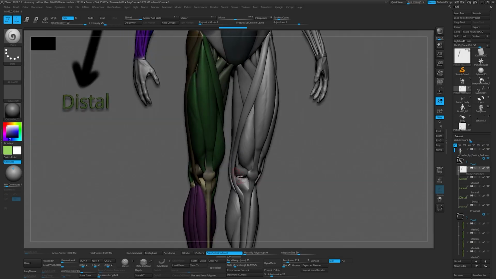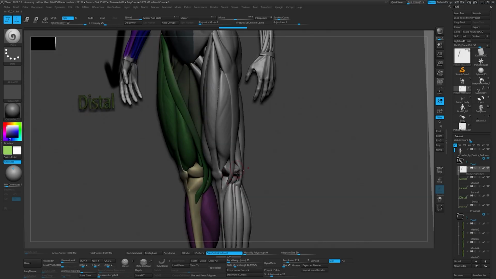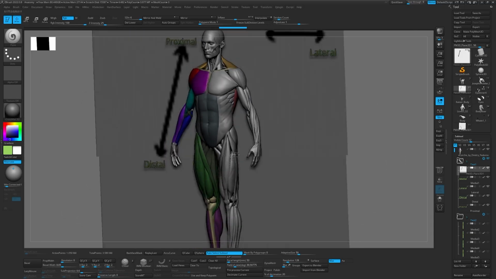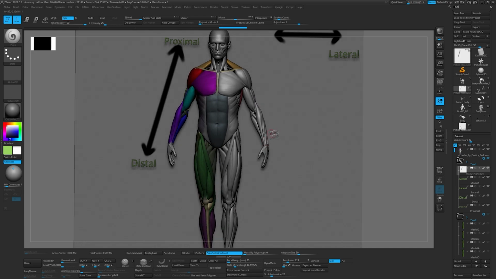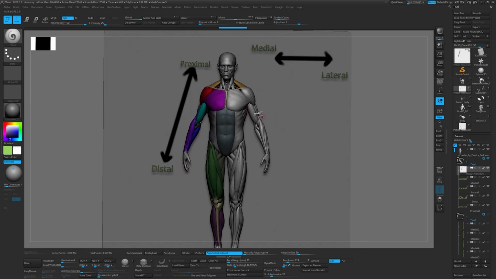As an example, there would be a little ligament between the two bones of the leg, and the inside one would be the medial one, the outside one would be the lateral one. Sometimes you will see anatomy references calling something the medial view or the lateral view, and you can orient yourself knowing that.